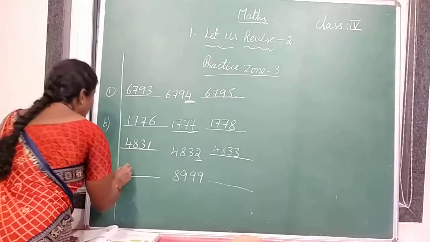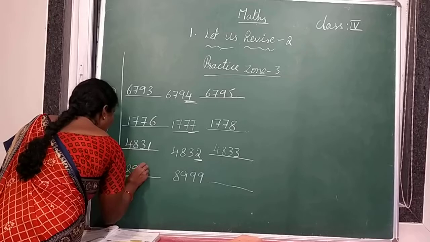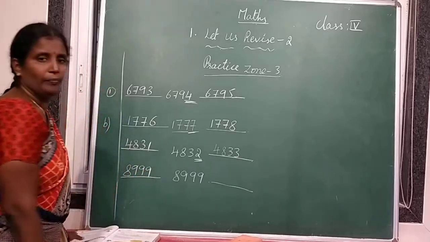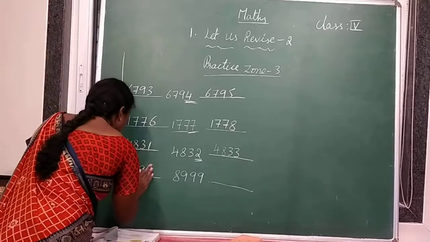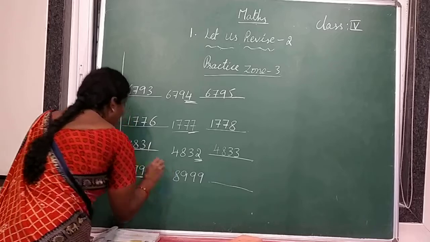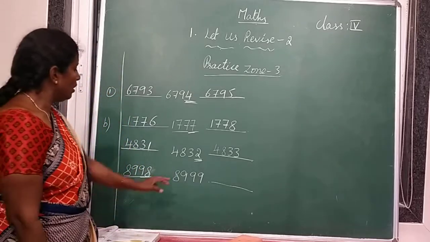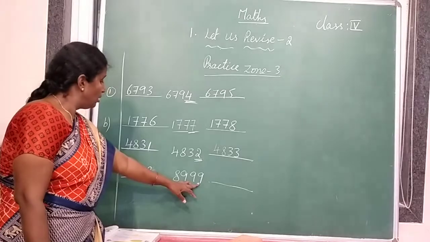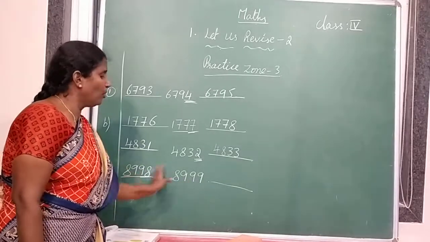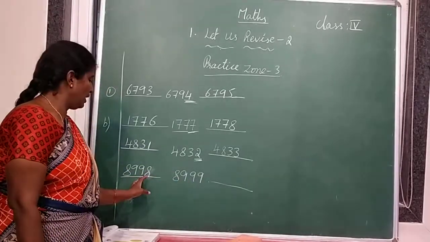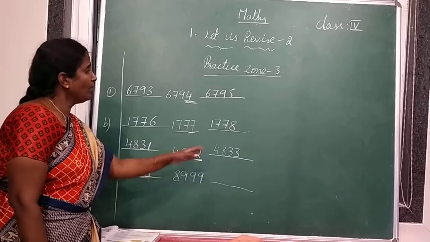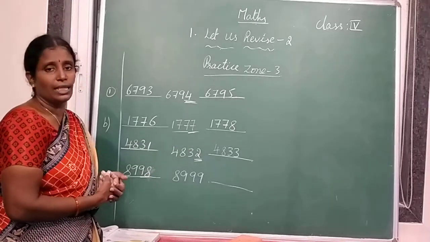Remaining digits are the same. So 8998. Understood? 8 comes before 9, so 8998.